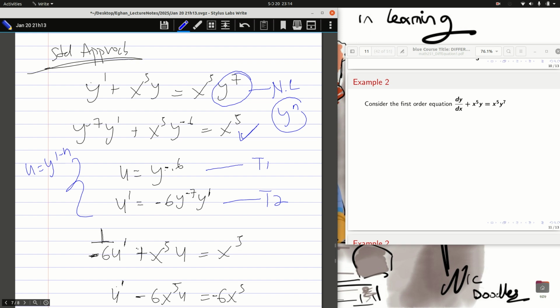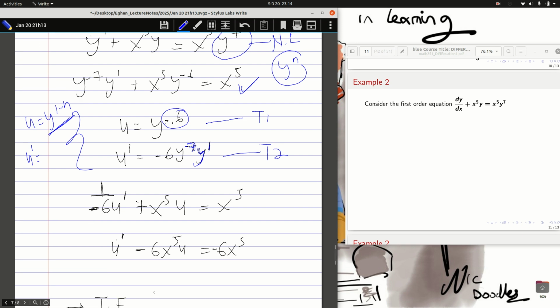Because n is 7, it becomes y to the power -6, and then u prime, if I differentiate this guy, I should get -6 y to the power -7. Differentiation, you subtract 1, and then my y prime, because we'll end up getting an implicit differentiation as I've gone through the first sheet. Okay, so I have to substitute t1 and t2 into the differential equation here.